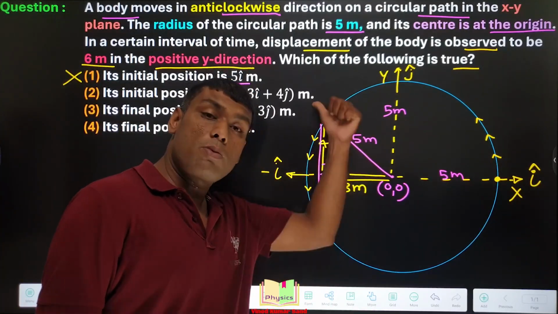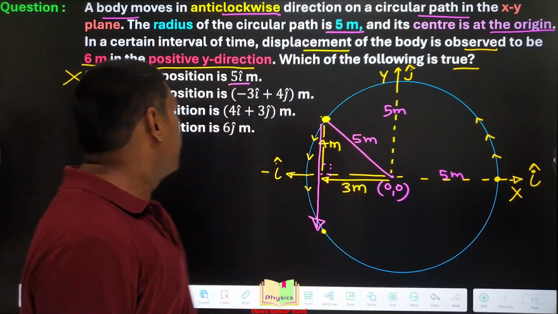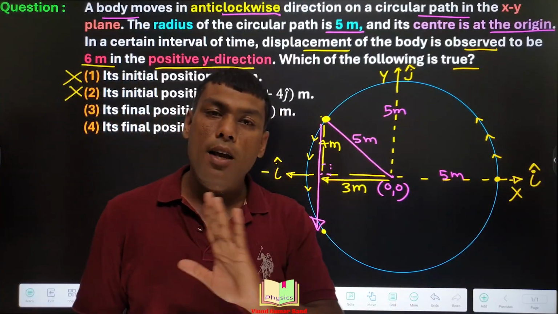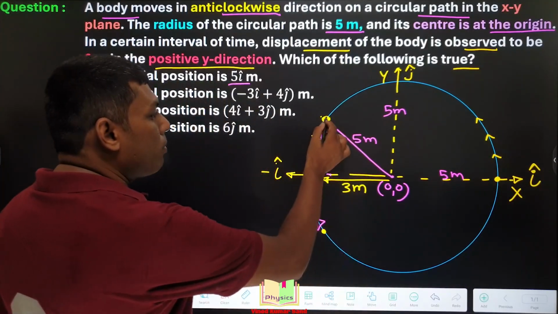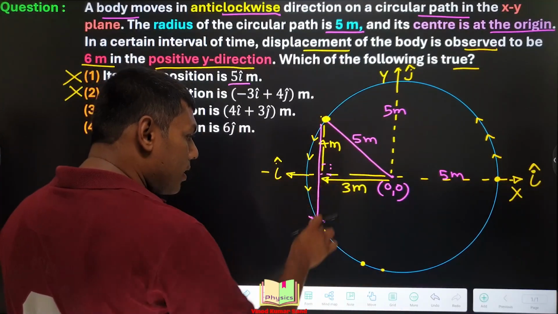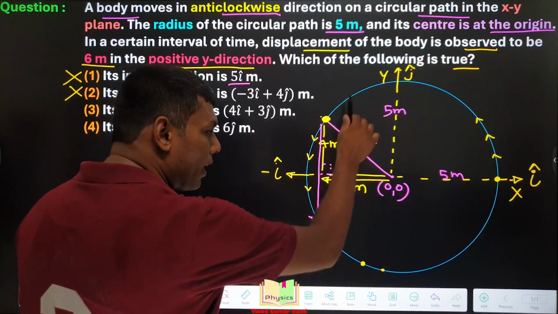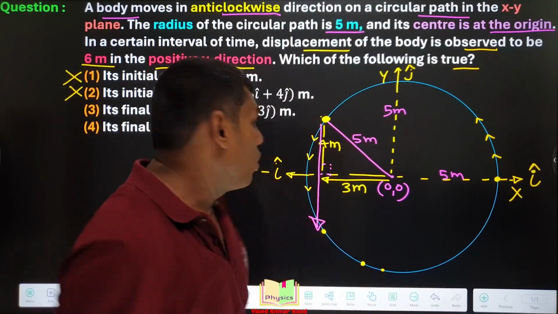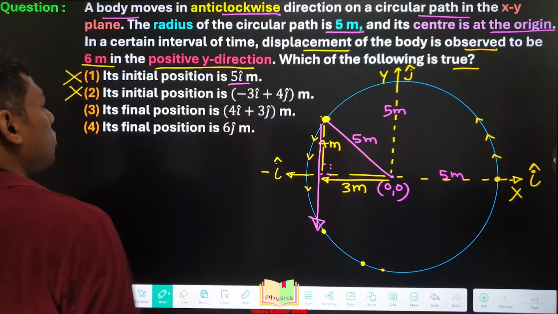Here we get the displacement along the negative y direction. It means this is also wrong. This could not be a correct option. Even from here, let's say the particle reaches here or here, in all these cases, the displacement along the y-axis will be in the negative y direction, which is not the requirement of this question.